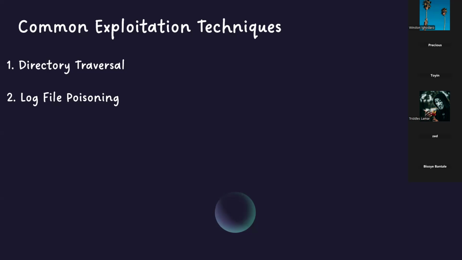And next, we have Base64 encoding. A lot of people know this. Base64 is basically a way of representing binary data using ASCII characters. Attackers could use this to bypass security filters that block direct access to certain files.